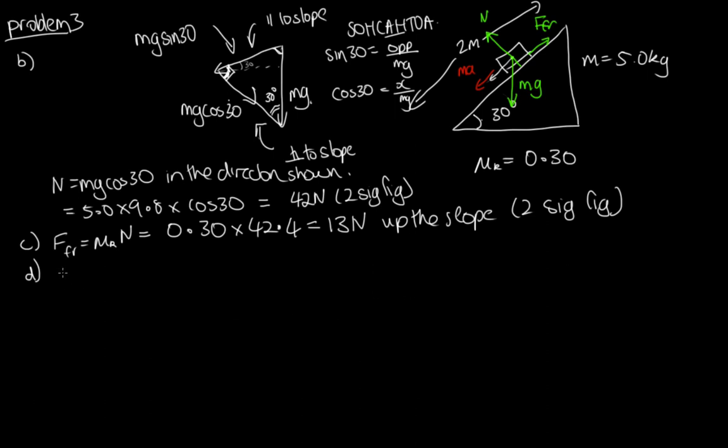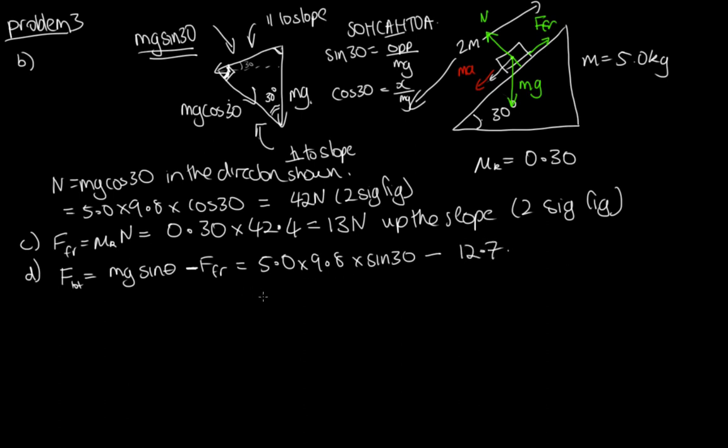So we've got the F total is equal to the weight force down the slope, which is the mg sine theta, minus the frictional force, because they're acting in opposite directions. So we've got this negative sign here. So this is equal to 5.0 times 9.8 times sine 30, because that's what we calculated up here, and minus the frictional force, which is the 13 newtons, which is 12.7, just to 3 significant figures.